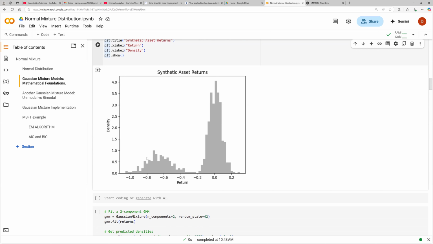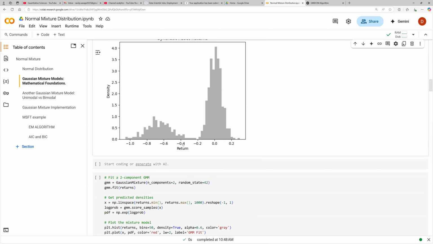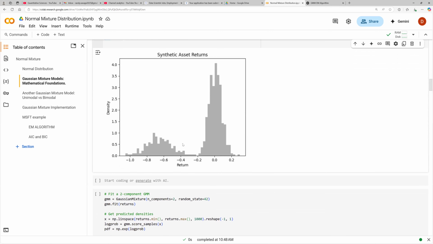But then there are regimes of the stock market where returns could be extremely volatile, where you could lose all of your stock market value. So this is what the Gaussian mixture is actually useful for.